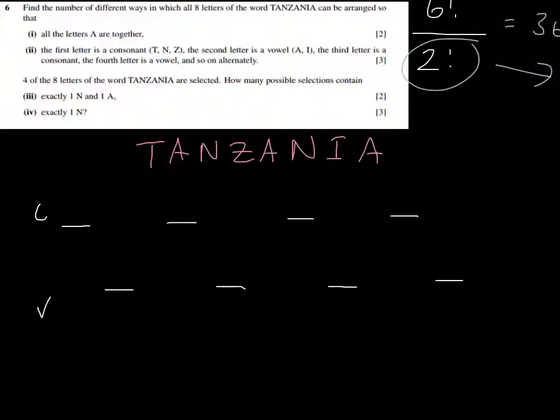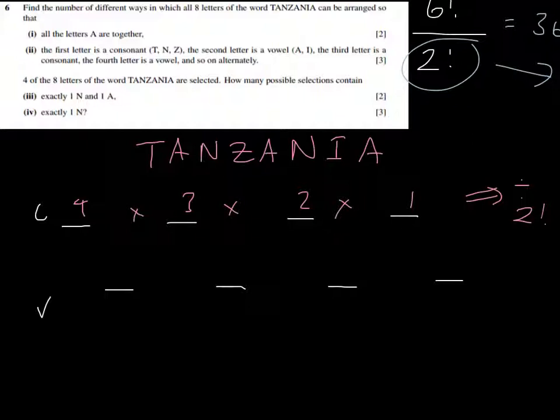Because I'm going to end up multiplying stuff, it doesn't matter in what order I multiply things. That's enough of a structural tool to understand this question. So we look at the consonants first of all at the top, and we've got 4 consonants. We've got T, N, and Z. So we've got 4 times 3 times 2 times 1 ways to do the consonants, but we do have to remember to divide through by 2 factorial, and the 2 factorial will be for the 2 N's.